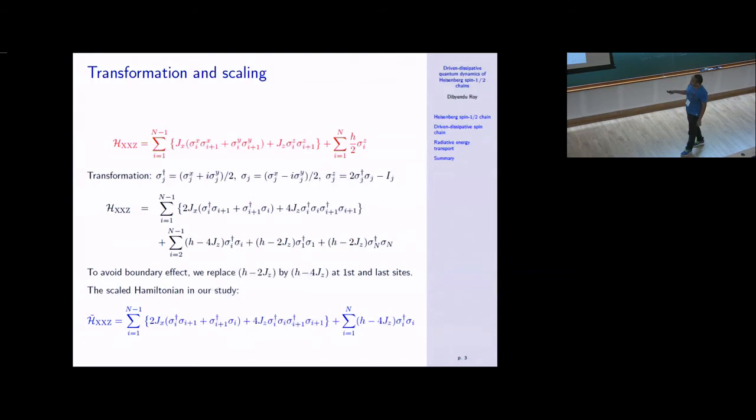And one particular feature again here is that when I transform, the bulk part has a different coefficient, like H-4Jz, compared to the two boundaries. And for simplicity of this talk today, I will actually switch H-2Jz at the two edges to H-4Jz. So the model which I will mostly consider is this one, where I have the exchange coupling in the x direction, the z component, and also the local fields, which are scaled by 4Jz.